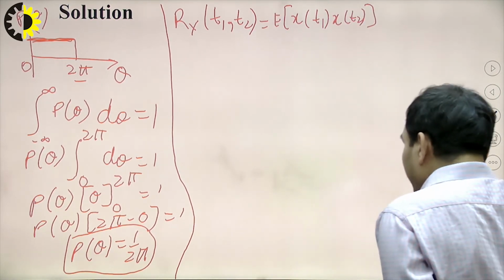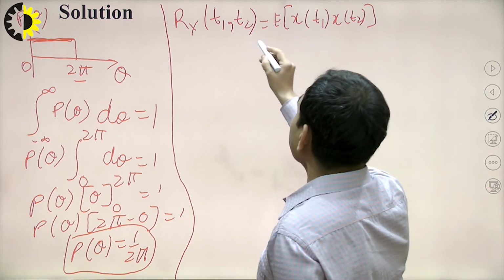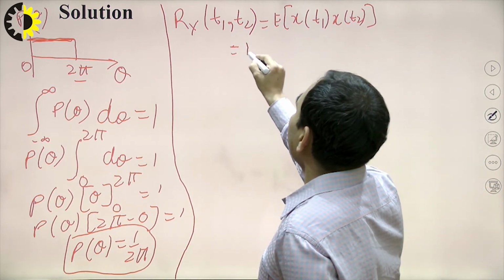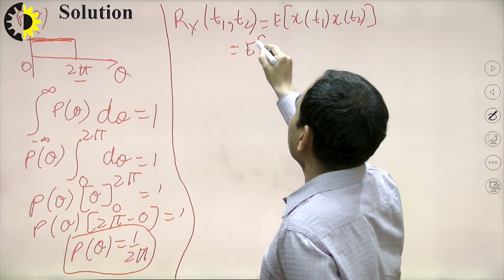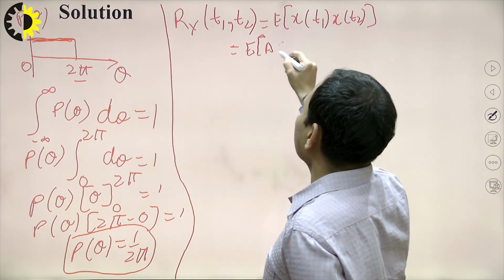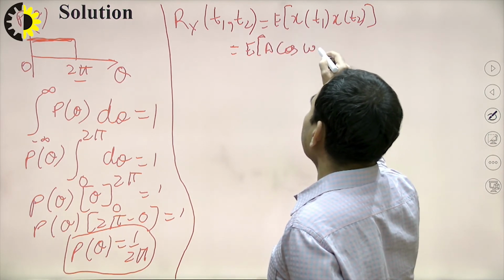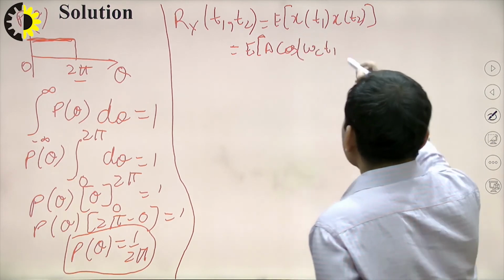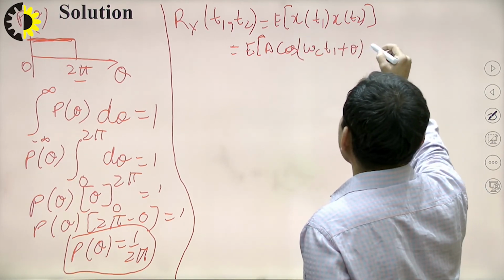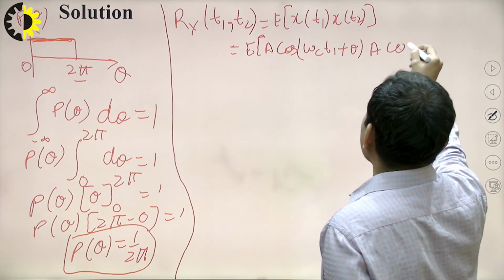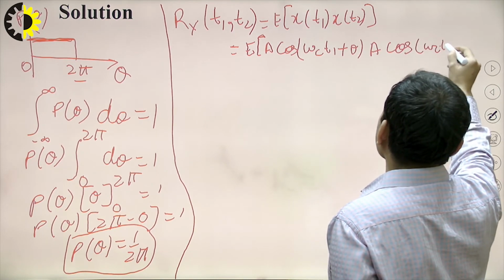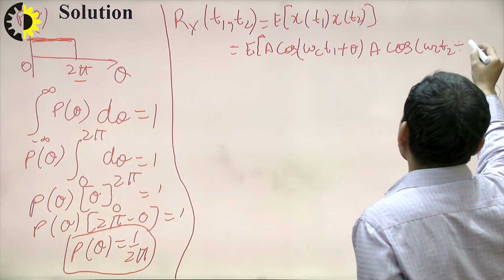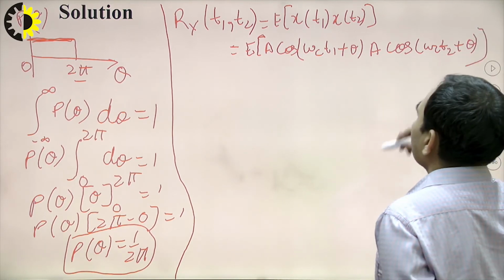Now we know that x(t) is given by A cos(omega_c t + theta). Substituting, we get A cos(omega_c t1 + theta) for the first time sample and A cos(omega_c t2 + theta) for the second time instant.